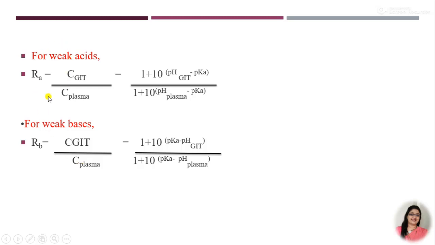So the ratio will be the concentration in GI tract and plasma for weak acid, and the ratio will be concentration in GI tract and plasma for weak base, which is further given by these equations.